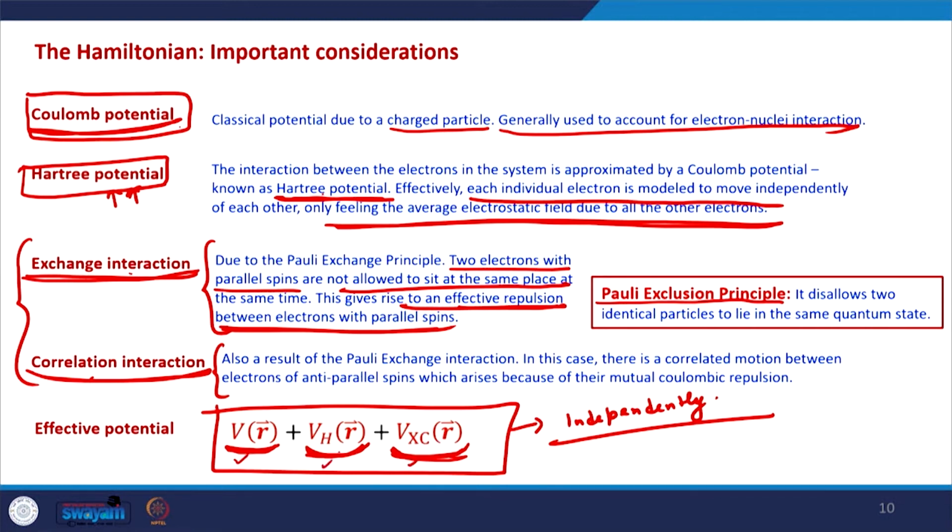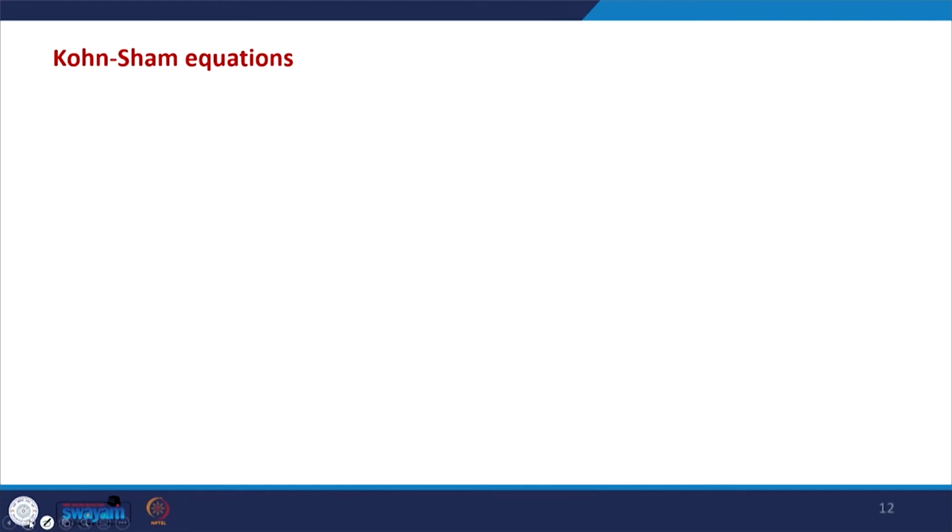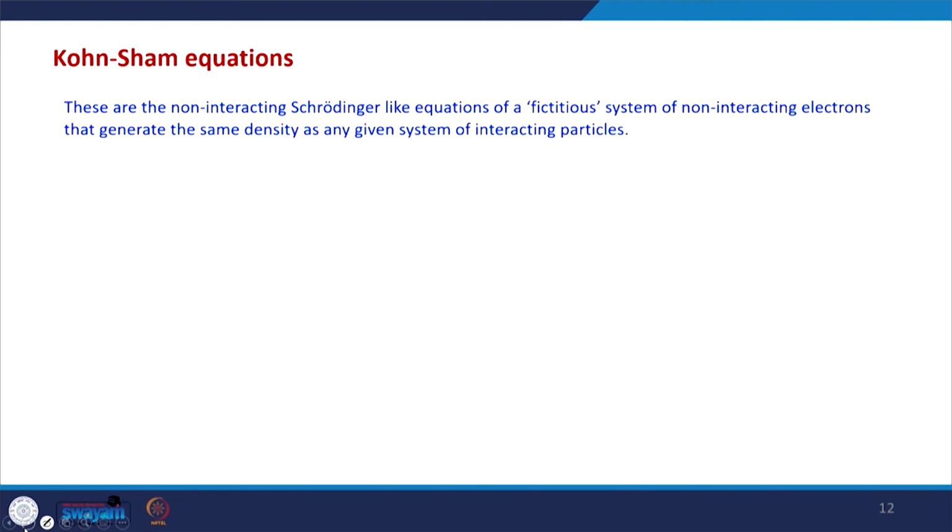With this, we now come back to the HK theorems, and the issue there was that we do not know how to calculate the electron density function. That problem was solved by Kohn and Sham in 1965 by what are known as the Kohn-Sham equations. The Kohn-Sham equations are the equations for non-interacting electrons in a way.